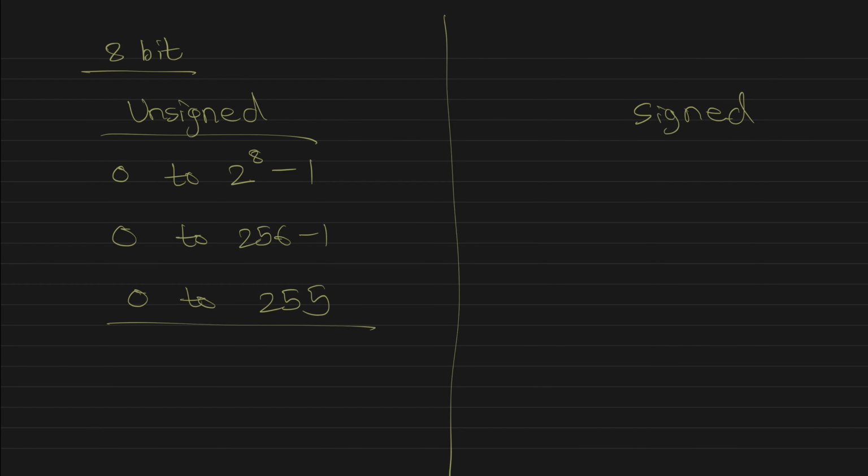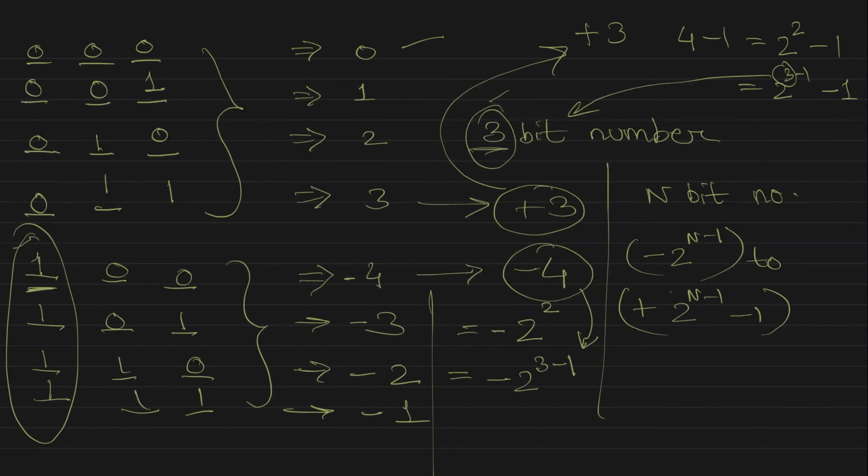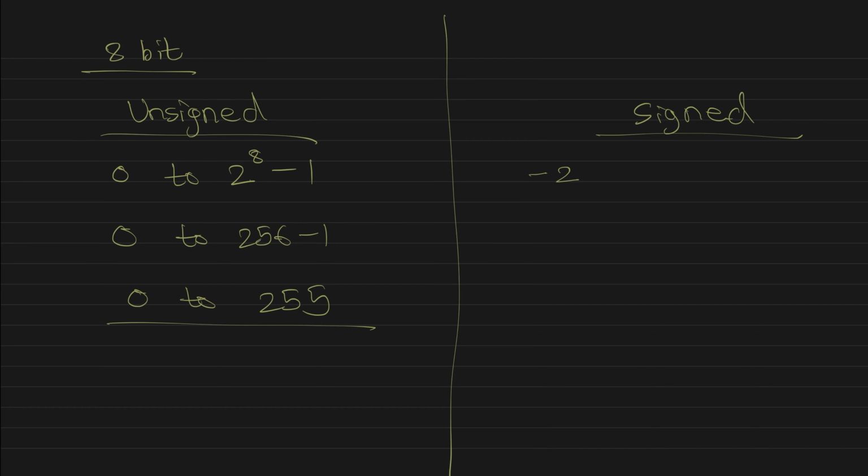So similarly for signed, what did we come up with? Minus 2 raised to n minus 1 to plus 2 raised to n minus 1 minus 1. Here n is 8, so minus 2 raised to 8 minus 1 to 2 raised to 8 minus 1 minus 1. 2 raised to 8 is again 256.